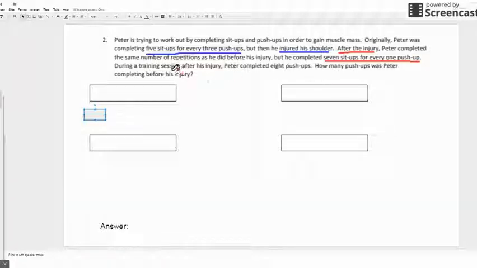So before we read on, let's write down what we've been given. First, we have 2 times: before injury and after injury. And then we have 2 different things that we're doing: sit-ups and push-ups. So let's write those down. Right now we have before injury and sit-ups, because of course sit-ups came first.